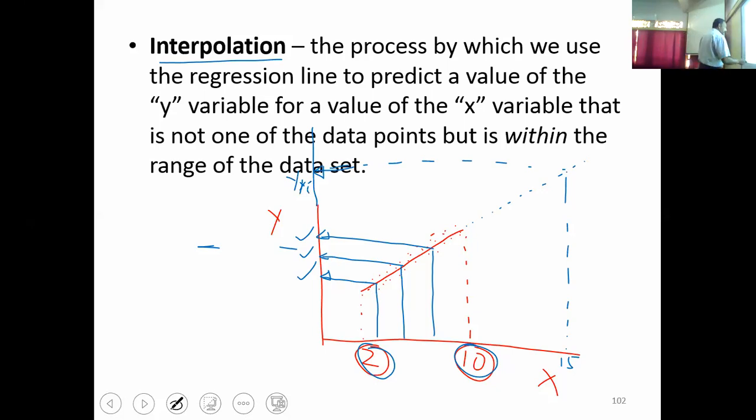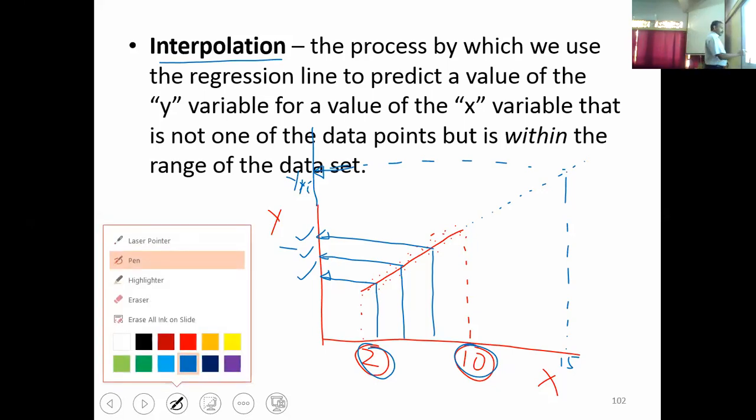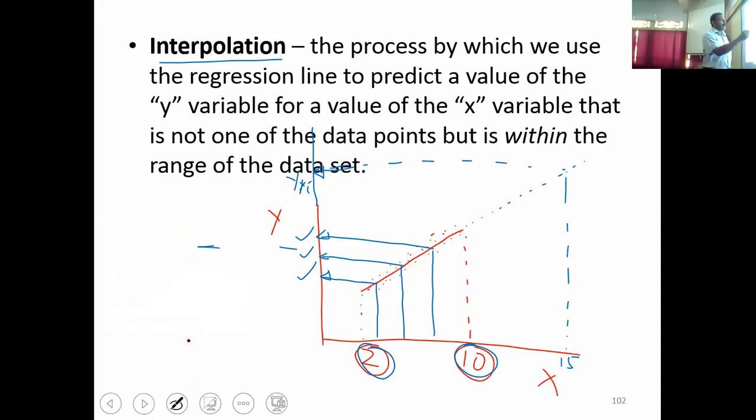Now what is our problem? Let's say we have expanded this predicted line. We cannot say anything about our x value beyond this 10, because we didn't measure anything. Suppose my actual plot is something like this beyond this. For example, temperature and yield.